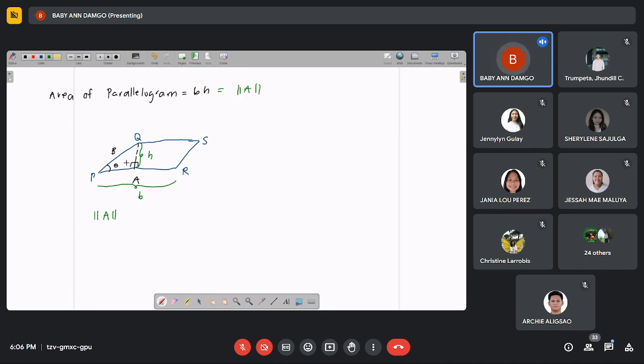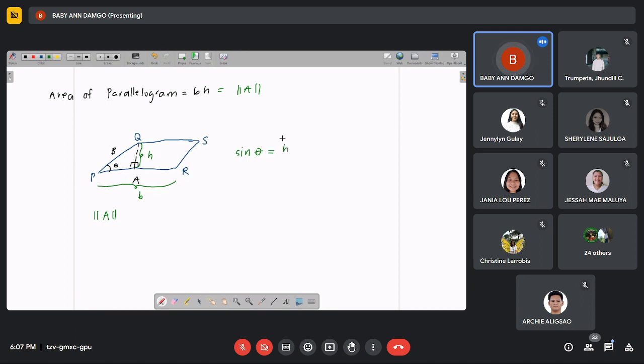Since we can form a right triangle, we can apply SOHCAHTOA. So sine theta is opposite over hypotenuse. The opposite of the angle is H.